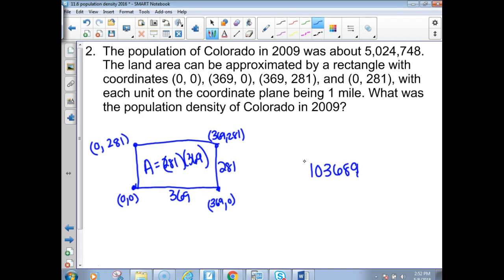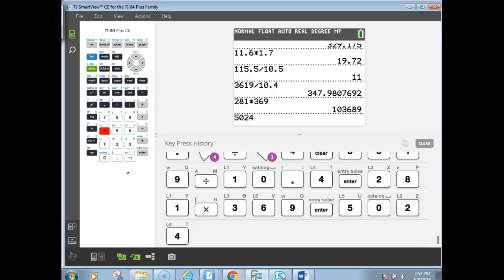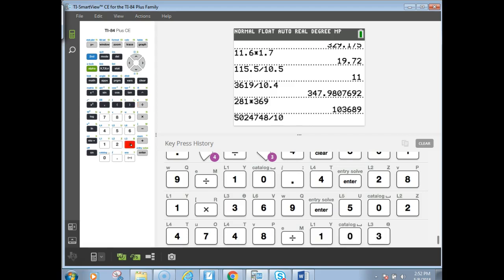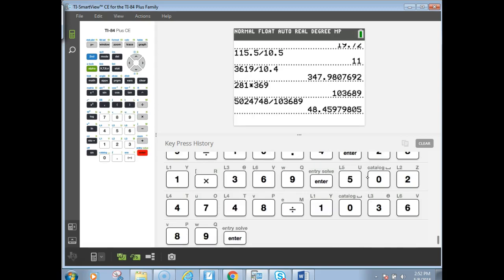And I need to divide the number of people by that. So I have to find out how many people there were. It was back up here, 5,024,748 people. So we can grab our calculator: 5,024,748, divided by 103,689. We've got some big numbers here.